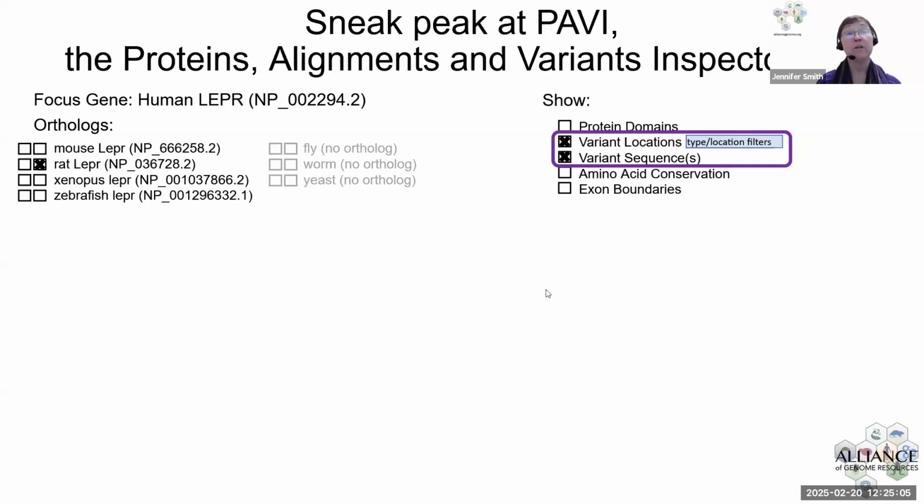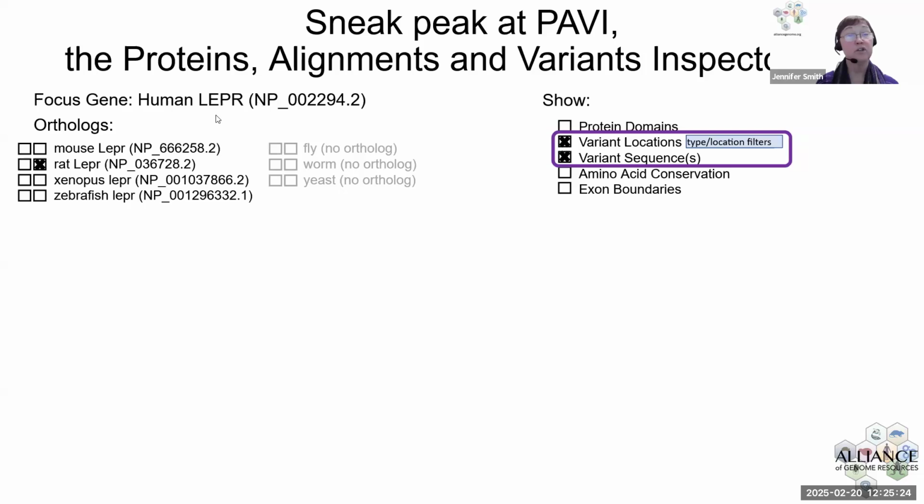So finally, I would like to give you a sneak peek at the protein alignments and variants inspector tool that we are working on. This is a tool that is currently under development at the Alliance. So the idea is to be able to choose a focus gene.